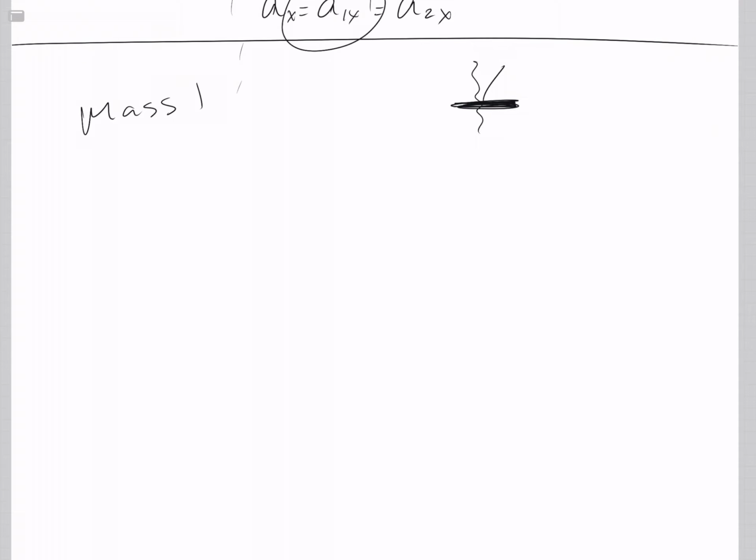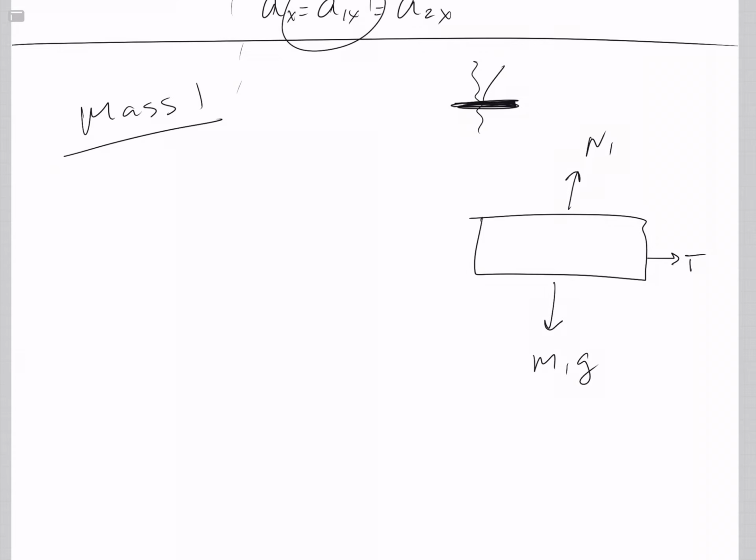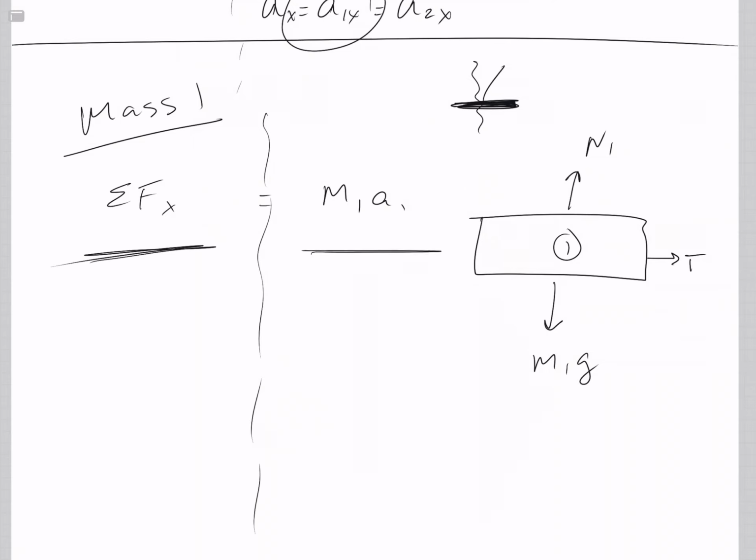Because that's a 2-force member, you can do that with a 2-force member. So mass 1. We have the block, tension, and we chose block 1 because we don't have to deal with friction. It just reduces a force. You could, if you wanted to, look at block 2, but we've chosen to do block 1.